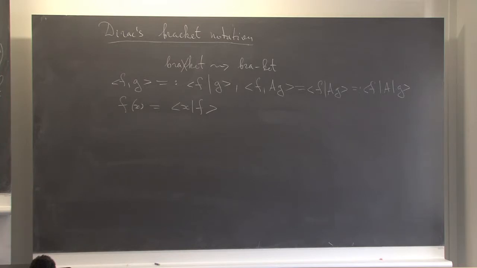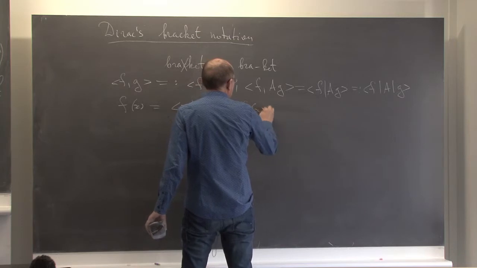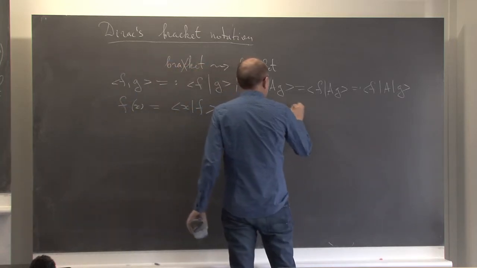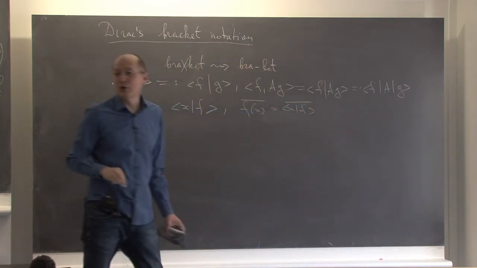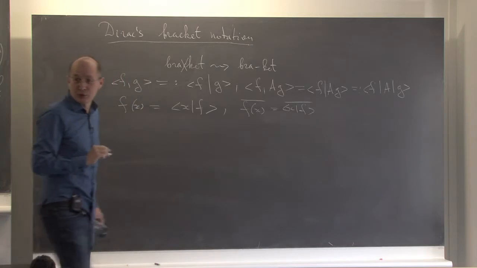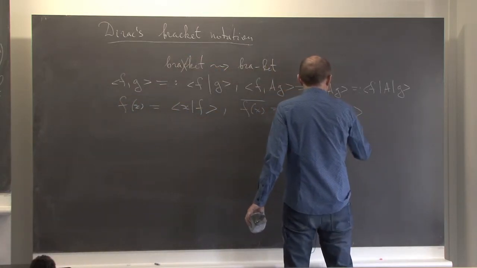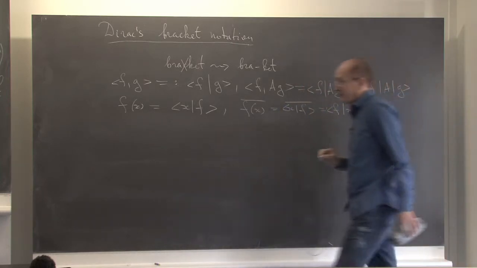And so we treat it as a scalar product. So for example, if we take the conjugate of x bar f, we have f bar x, since for a scalar product we know how to complex conjugate. Right, so we have also this.